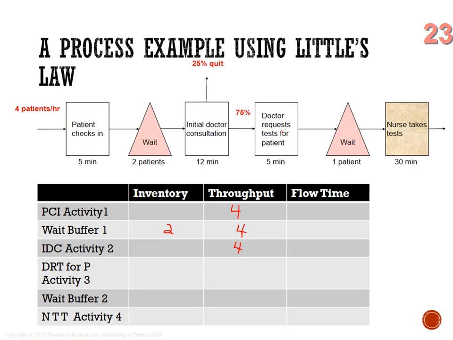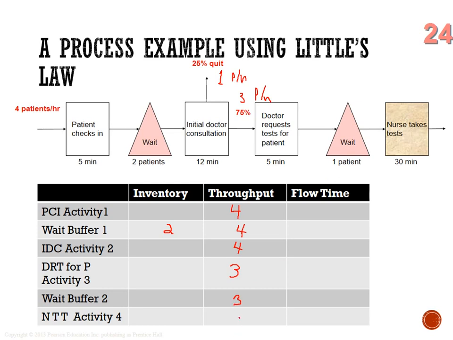What's my throughput for the doctor request test for the patient? 3, right? Because I've got 1 patient that's going here, and I've got 3 patients per hour that are continuing on for the doctor request tests. So what's my throughput for this waiting? 3, right?